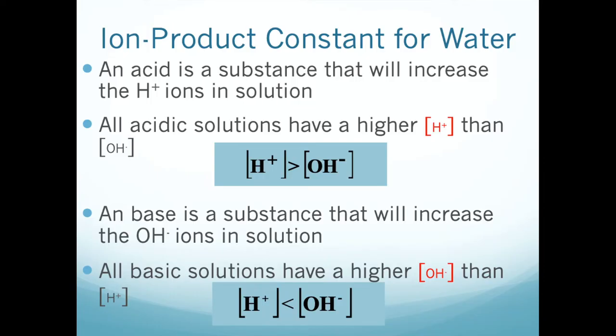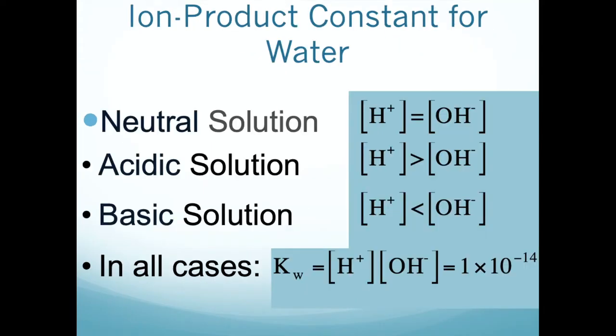Likewise, if your OH- concentration is greater than your H+ concentration, you have a basic solution. Okay, and again, please note I'm using the lazy way of writing out H+ instead of hydronium for all of these. So just a little definition here. A solution is neutral when H+ and OH- are equal. If you have more H+, it's acidic. If you have more OH-, it's basic.